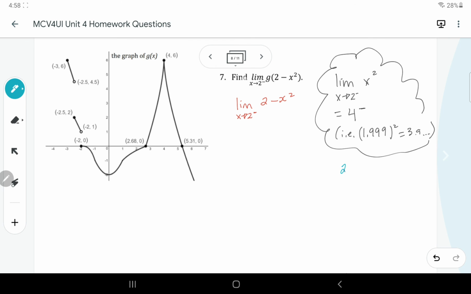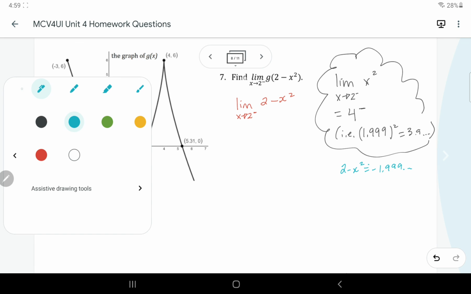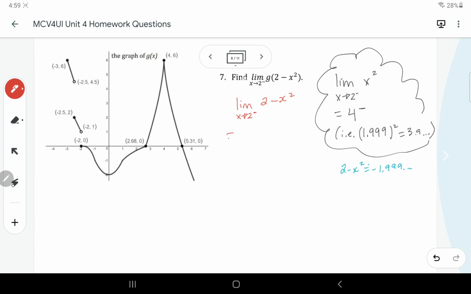Then 2 minus x squared would be like negative 1.999. It would get there from that side. So the limit here, as x approaches 2 from below, of 2 minus x squared is negative 2, but it's actually from above. So this is slightly bigger than negative 2.